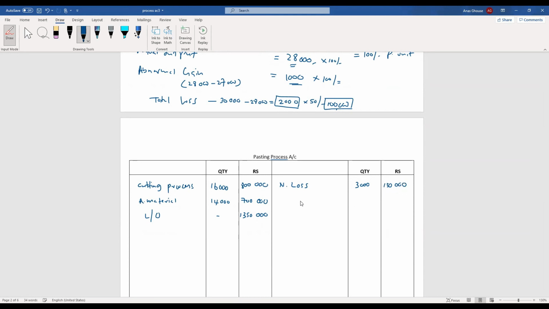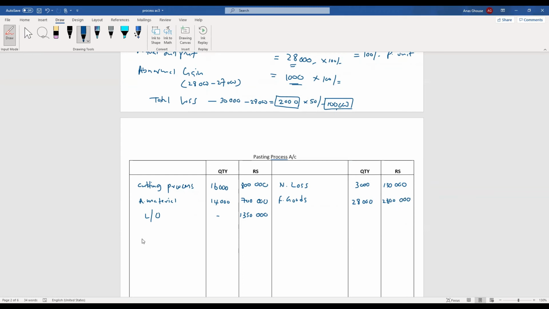Then finished goods, which is 28,000. This will be valued at 100 per unit. So 28,000 times 100 will be 2,800,000.